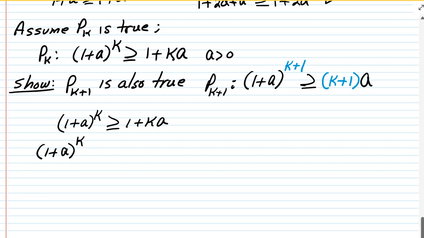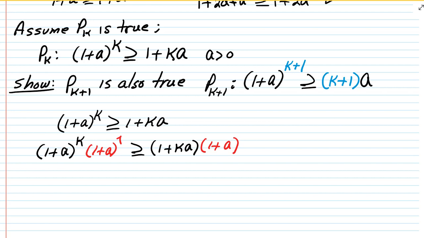And the reason is because I want to create 1 plus a to the k plus 1 power. And we know that this is going to be greater than or equal to the right side also multiplied by the same thing. I'm multiplying both sides of the inequality by the same binomial.